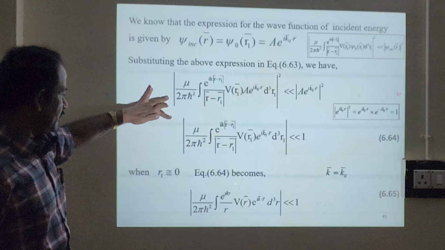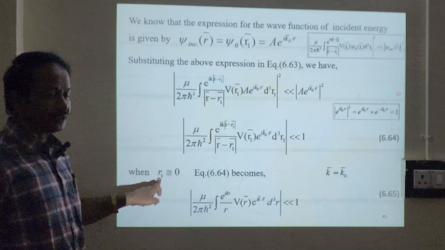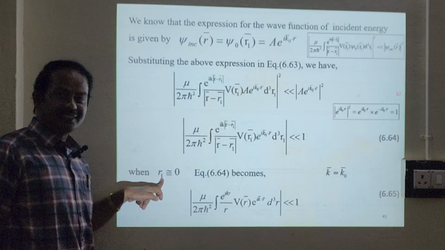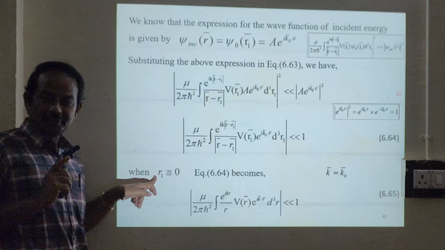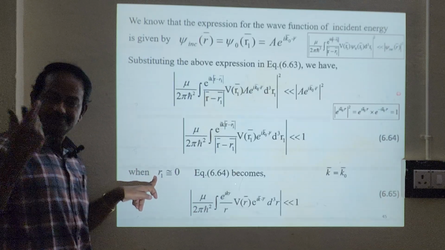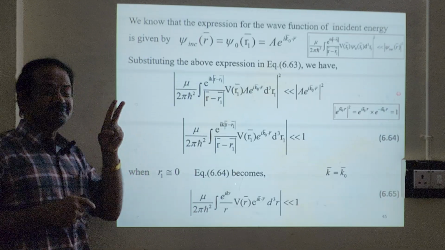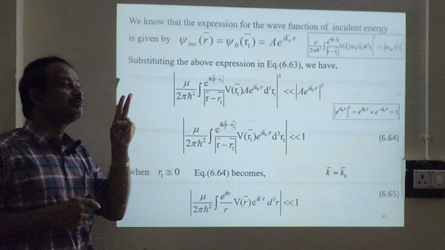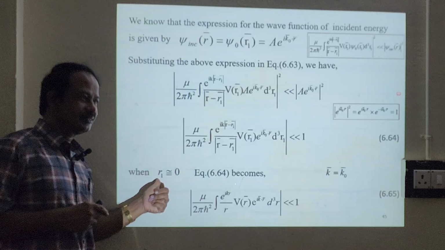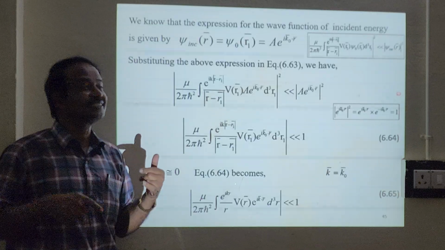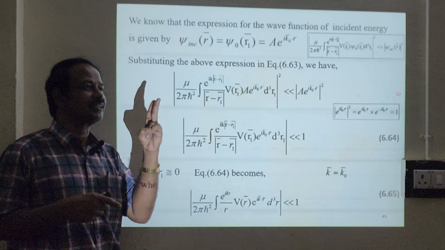Okay. Now if r1 equals 0, do you remember I said earlier in the class we will be using this one maybe later? Two properties we learned for the green function. One property is spherical symmetry, the second property is translation symmetry. Do you remember these two properties?